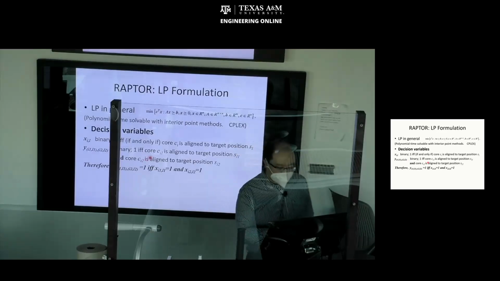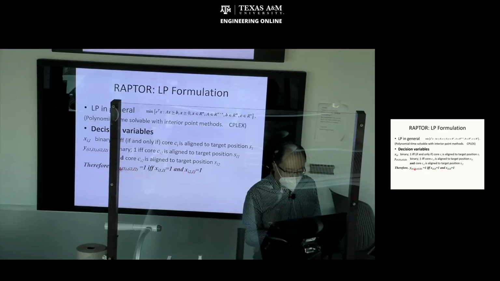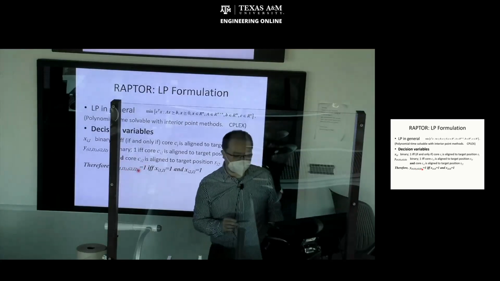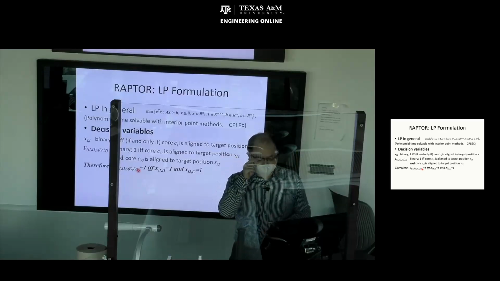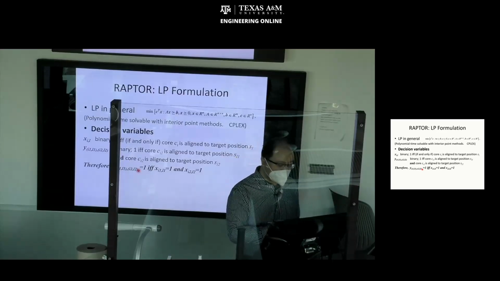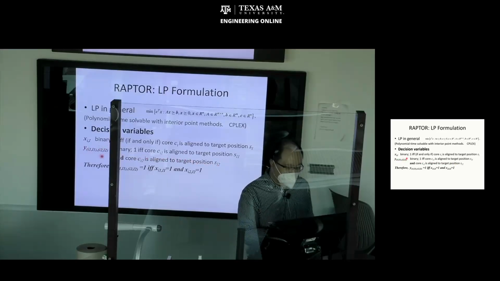So if i1 is aligned to l1 and i2 is aligned to l2, then this y_i1,l1,i2,l2 could be equal to 1. This is a familiar integer programming formulation like one of the examples we have seen, right? In other words, only if core i1 is aligned to position l1 and core i2 is aligned to position l2 could this y be 1. This y is the arc.